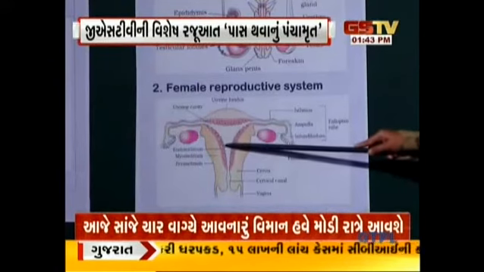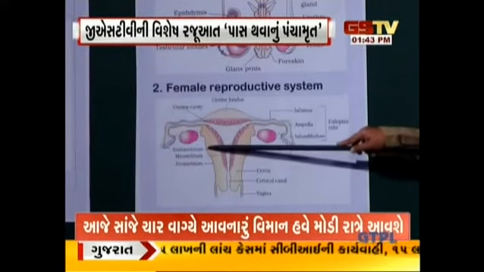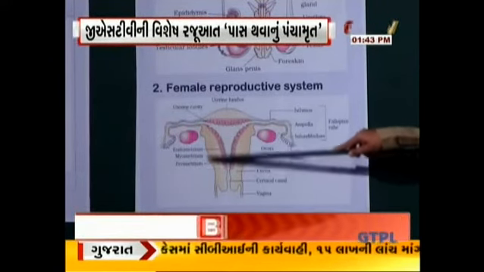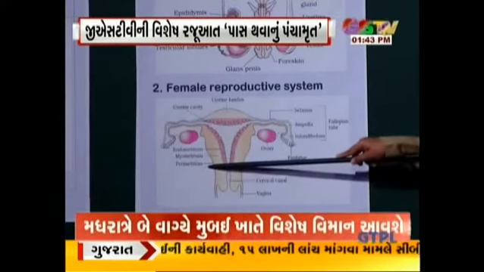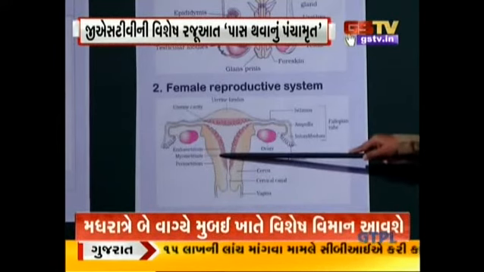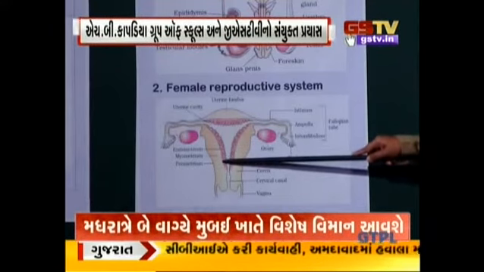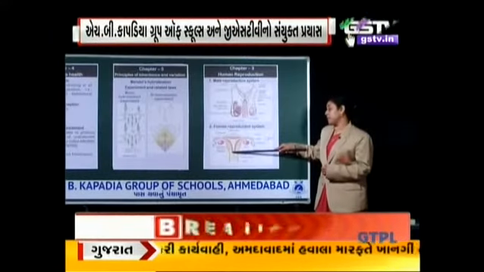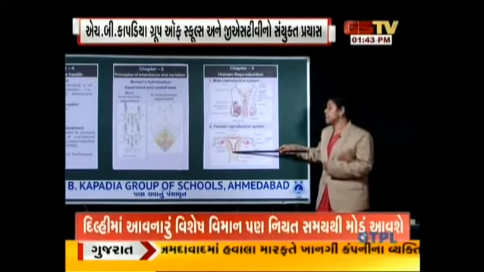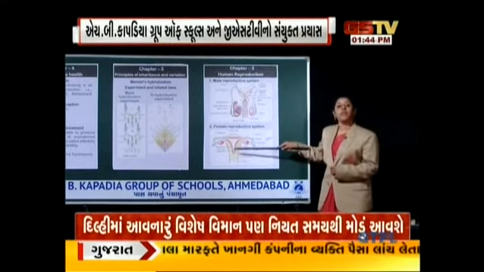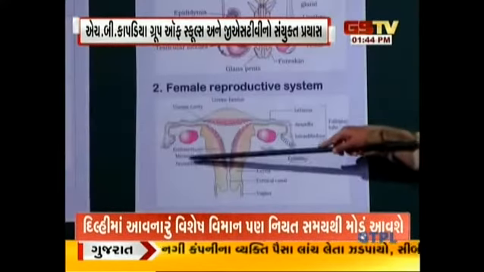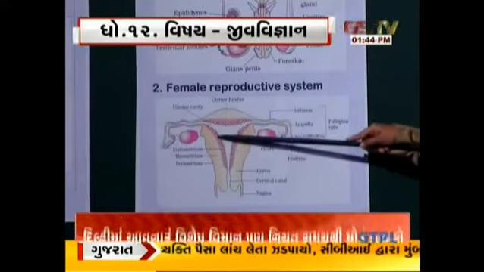This uterus consists of three layers. The outermost layer is called perimetrium, and the middle layer is called myometrium, which has a large supply of muscles, mainly smooth muscles, and these muscles are very important for the delivery of a baby. And the innermost layer is called endometrium.